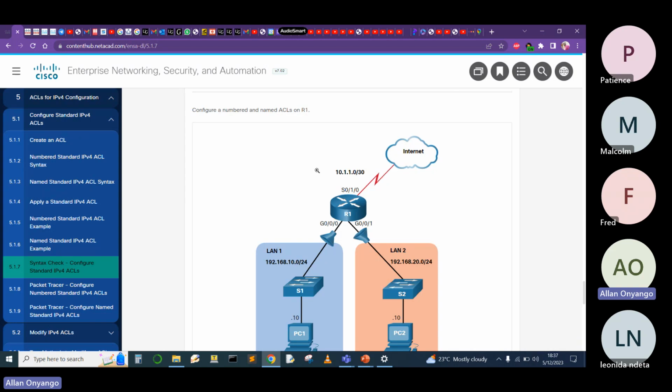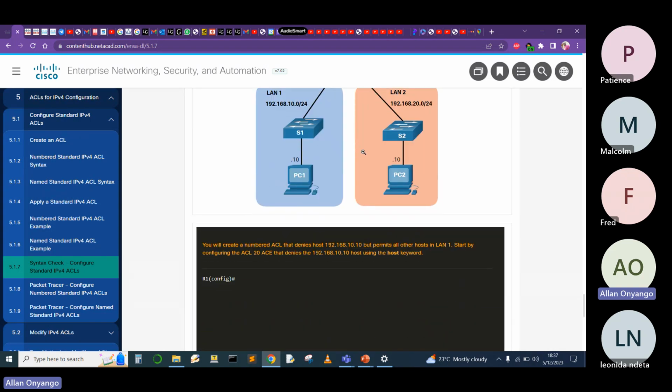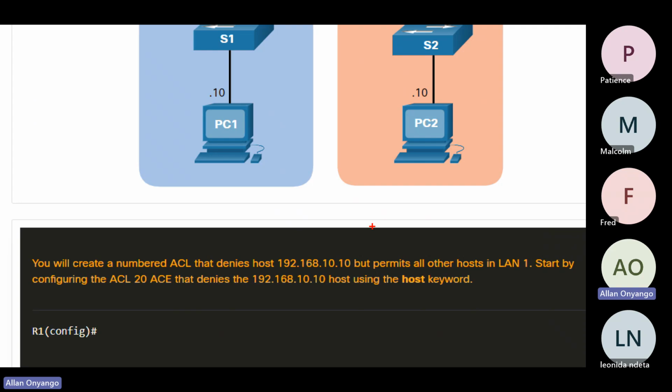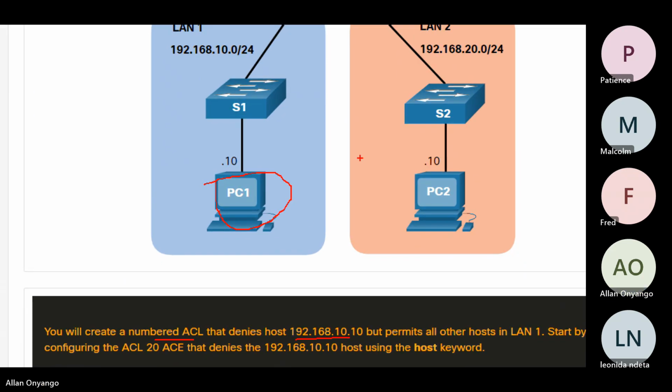And we need to look at what is the condition that we are given here. We are going to configure numbered and named ACL on R1. Look at the instruction, which says that you'll create a numbered ACL that denies host 192.168.10.10. That is this host here. We want to deny this host, but permit all other hosts in LAN 1.